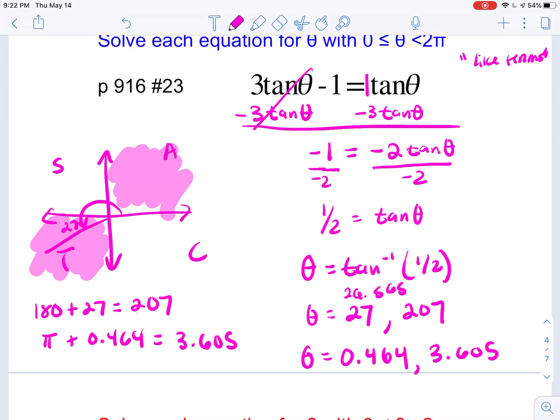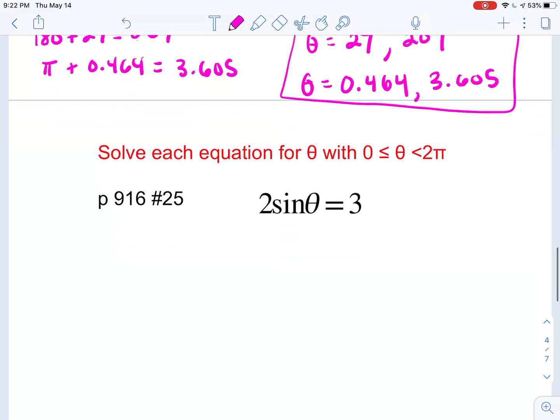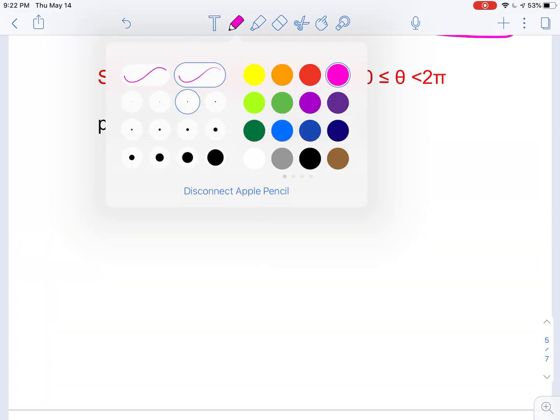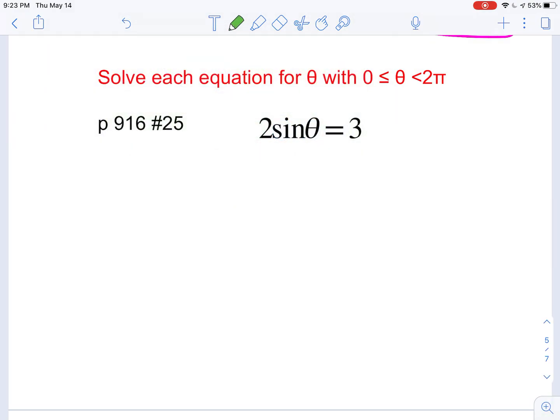And when I add them together, pi plus my second answer, I get 3.605. And if you did the conversions and typed in the pi, you should get that these are approximately equal to each other. So that's how we handle answers that don't work out to perfect angle measurements in degrees.